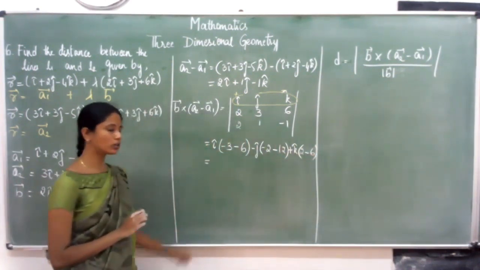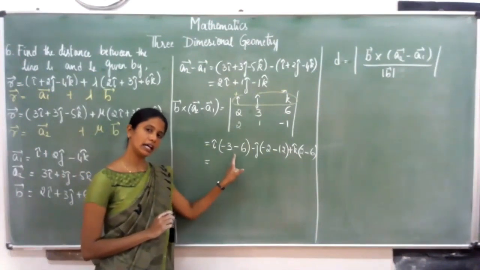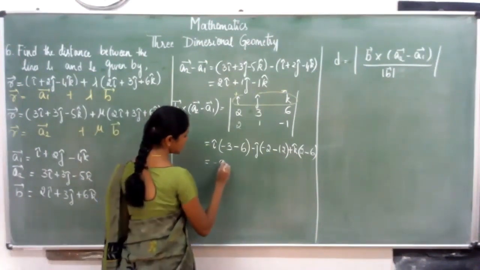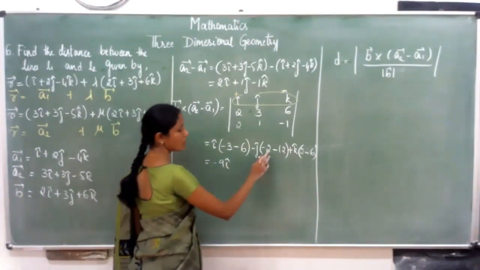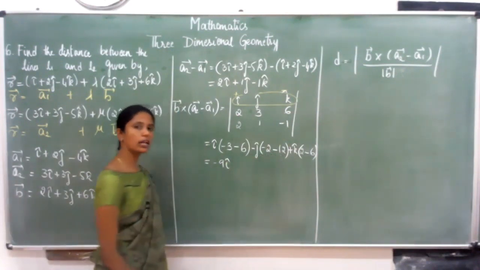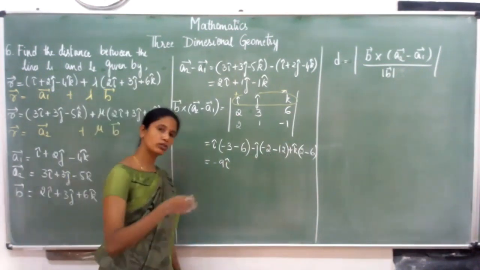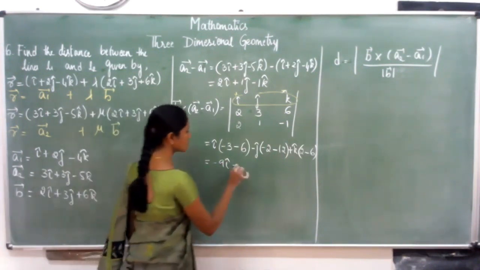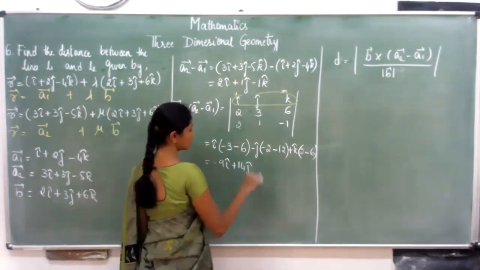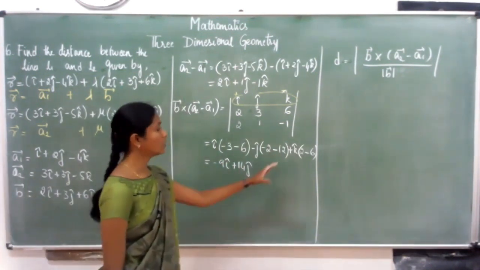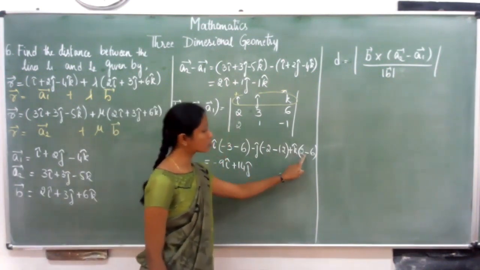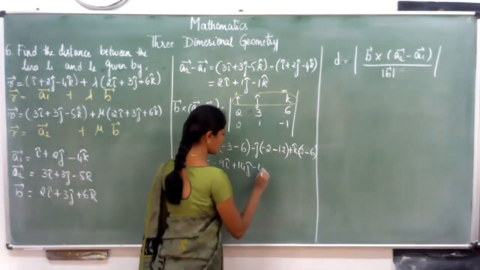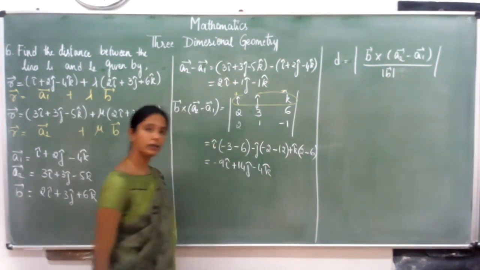Therefore, this is equal to minus 3 minus 6, which is minus 9 i cap. Next, minus 2 minus 12 is minus 14, into minus j cap, so plus 14j cap. Then we have k cap, that is 2 minus 6, so minus 4k cap.